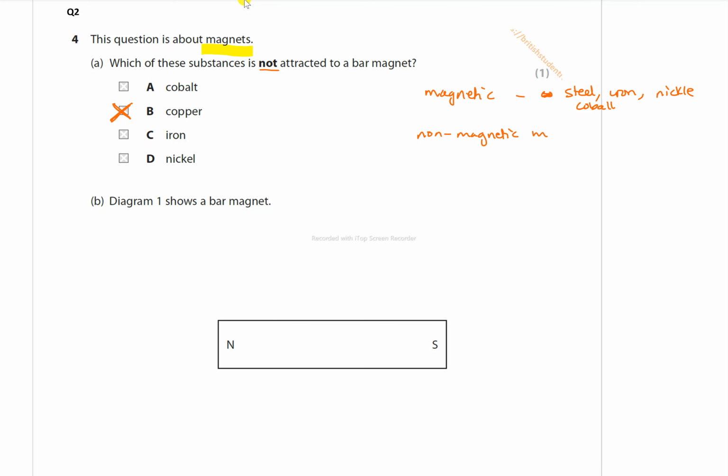You have non-magnetic materials such as rubber, wood, plastic, and in this case, copper. So not all metals are magnetic materials.